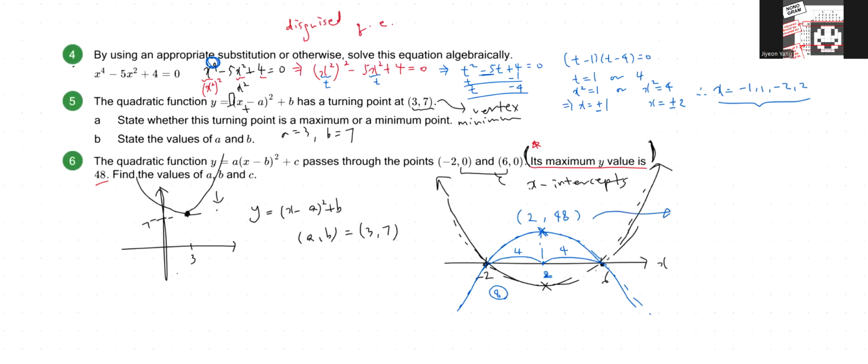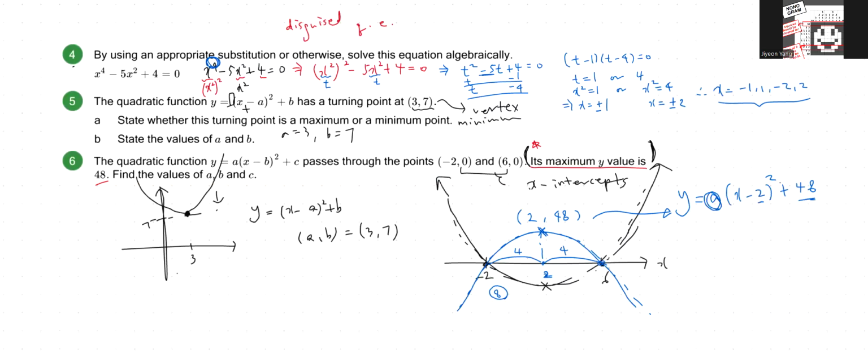So this quadratic function can be written as a times (x minus 2) squared plus 48, because 2, 48 is the vertex. And then you need to find a, right? You can use either negative 2, 0 or 6, 0, which pass through this graph.